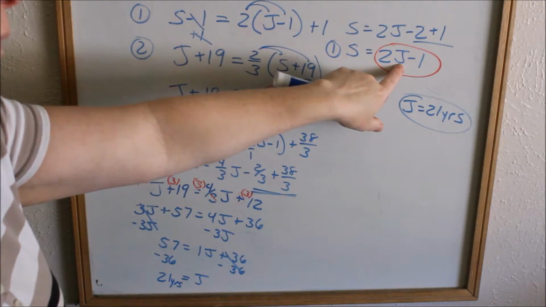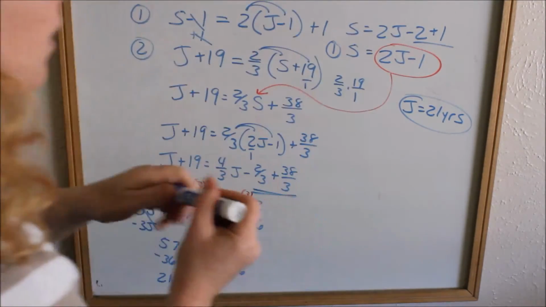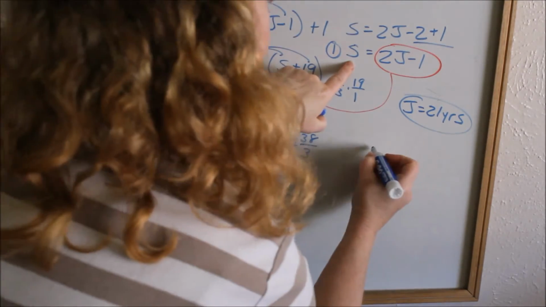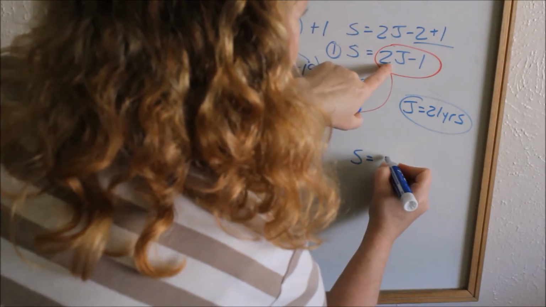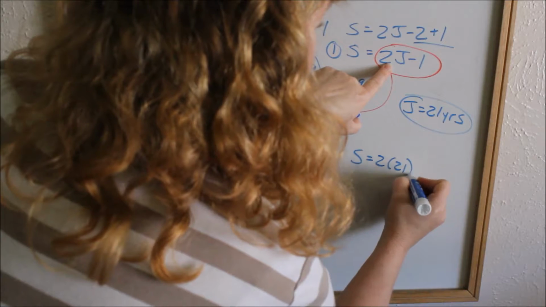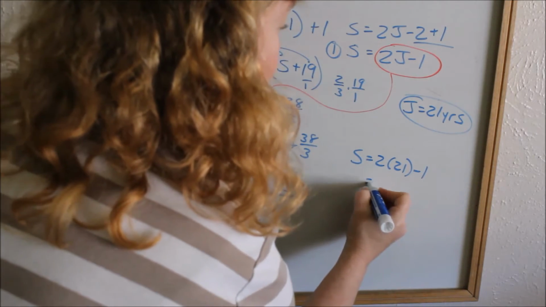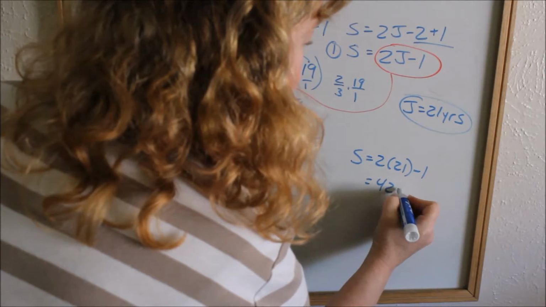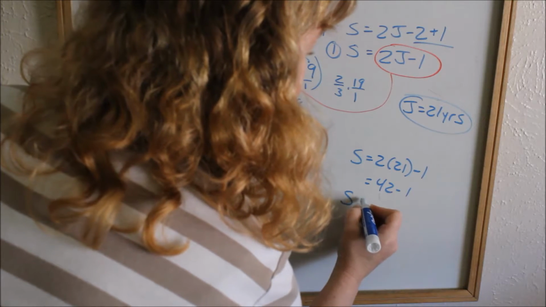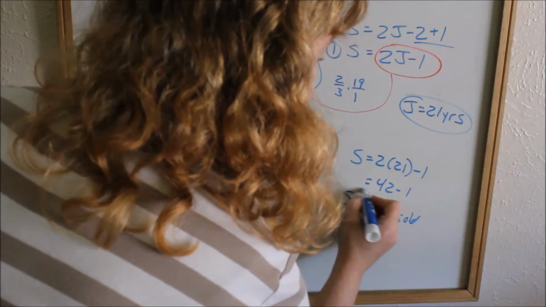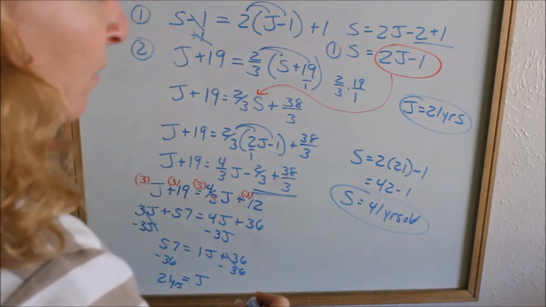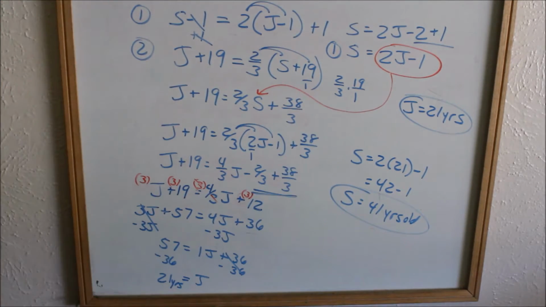So if I put in 21 years old for Jane right there, I can solve for Sue. We said, or Sally, not Sue. Sally is 2 times Jane's age minus 1. So that would be 42 minus 1. So Sally is 41 years old. So now we have solved for Sally and Jane.